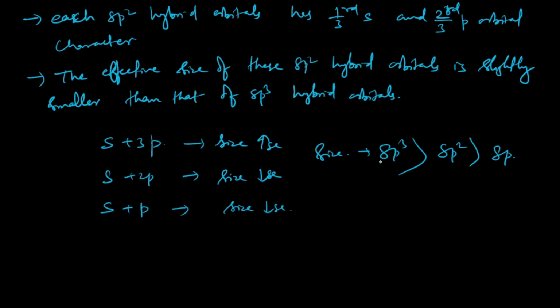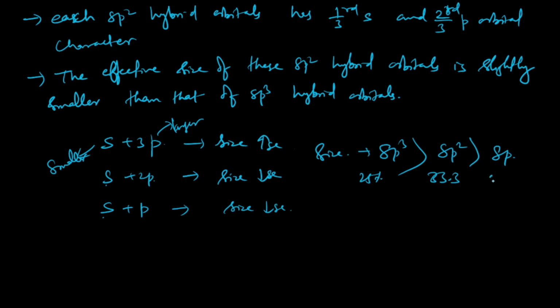And one more thing: we know that s is the smaller size and p is the larger size. Here this is smaller, larger, smaller, larger. Now what is happening? The contribution of the smaller size is only 25% over here. The contribution of the smaller size is 33% here, increasing. So if the smaller size contribution is increasing, what will happen? Overall size will decrease.